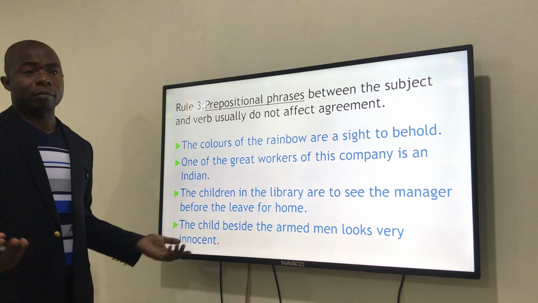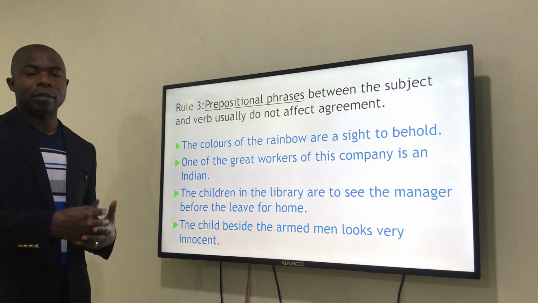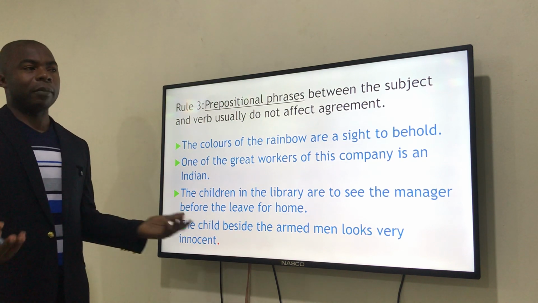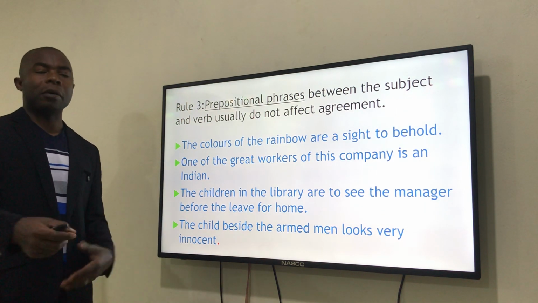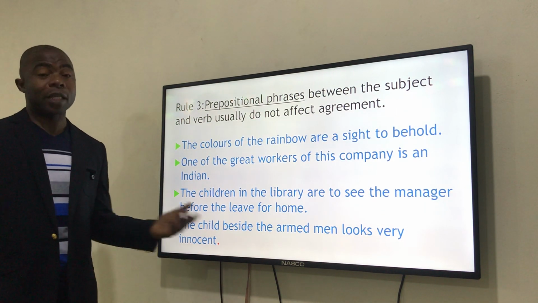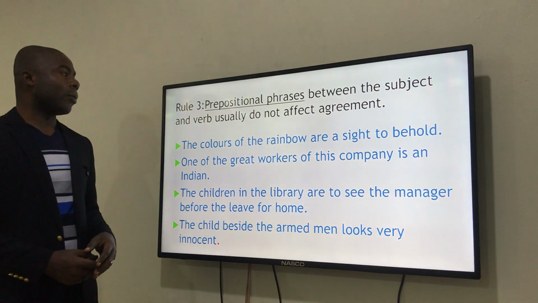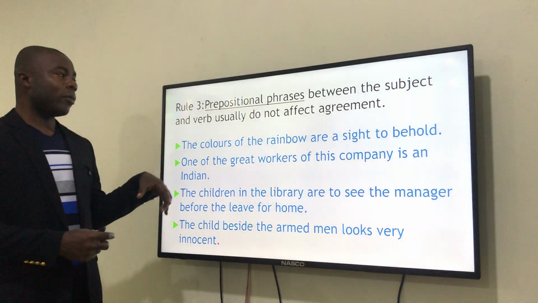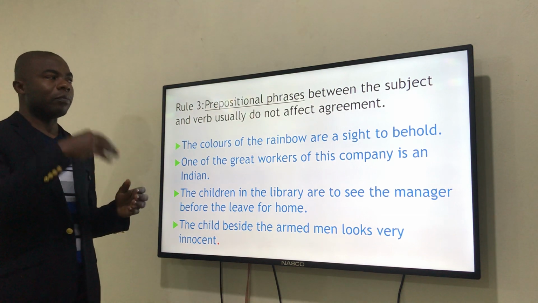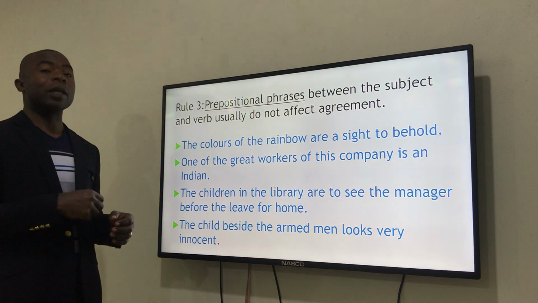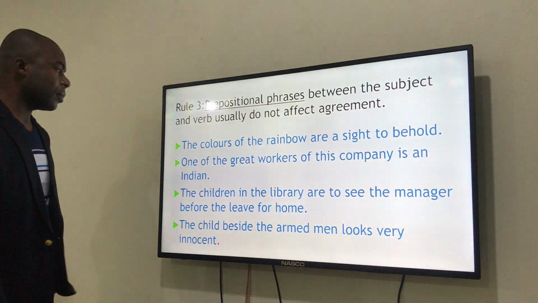We know what they are. They show place and position, all those type of things. Of course, position, preposition. So in, on, under, over, those type of words. So these are some of the words that come between the subject and the verb. And we call them prepositional phrases because they begin with a preposition.